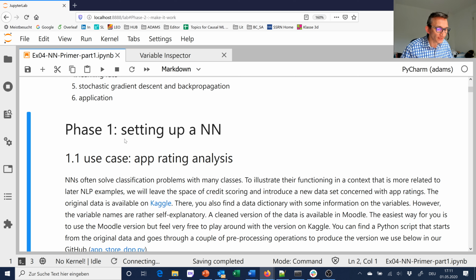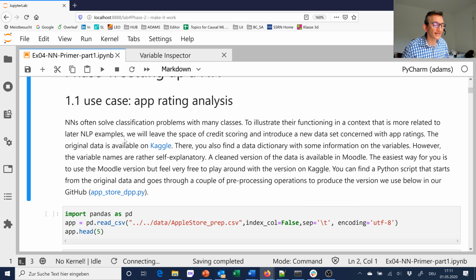And so I wanted to move away from the credit scoring data set that we've used before. Instead, there is a data set on Kaggle, which is useful for the tutorial, and which basically provides us with a multi-class problem. It's a data set on apps and their popularity in the App Store.